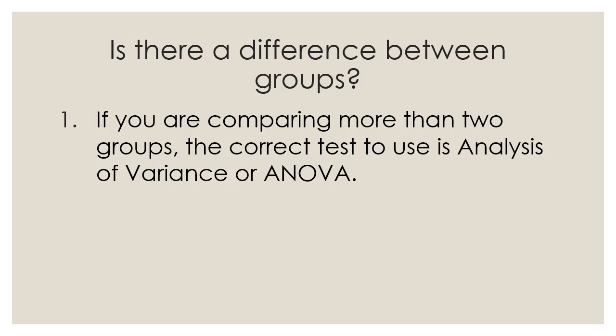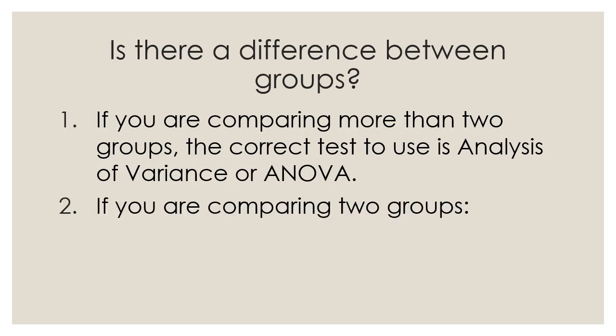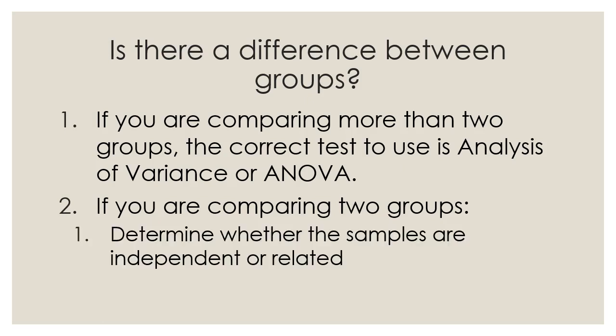So you can just say in your statistical section that you're comparing the changes in the groups using analysis of variance, and that should be pretty simple. Now, if you are comparing 2 different groups, then now we need to figure out what types of samples you have. You need to determine whether your samples are independent or related.